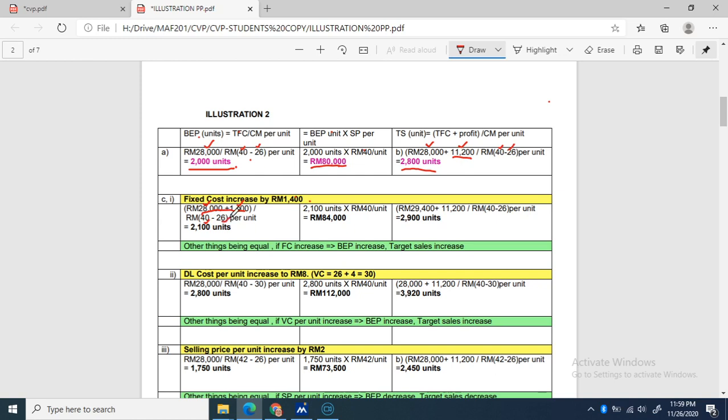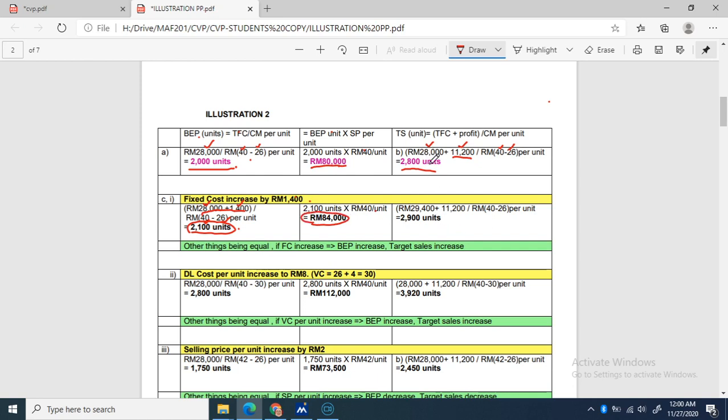Variable cost still remains 26 per unit. So now the BEP is 2,100. To get the BEP in RM, 2,100 times the 40 ringgit selling price, you get 84,000.